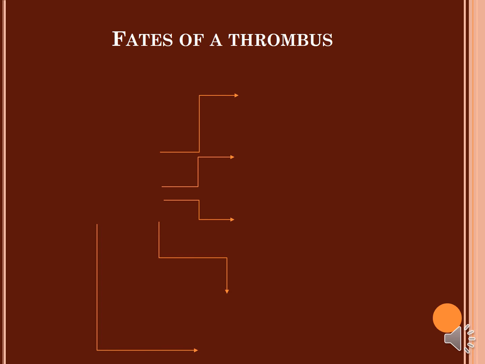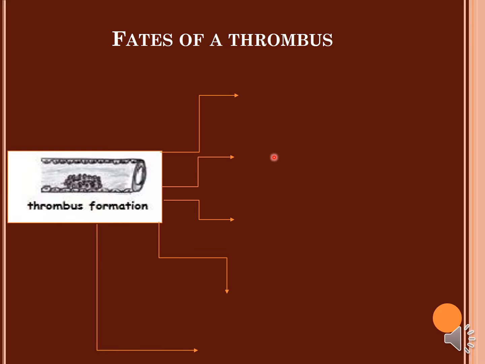Fates of a thrombus. Whenever a thrombus is abnormally developing inside the cardiovascular system, what will happen to this thrombus? This depends on many things, including the location and the size of the affected blood vessel, the hemostasis status overall, and the health status of the cardiovascular system.